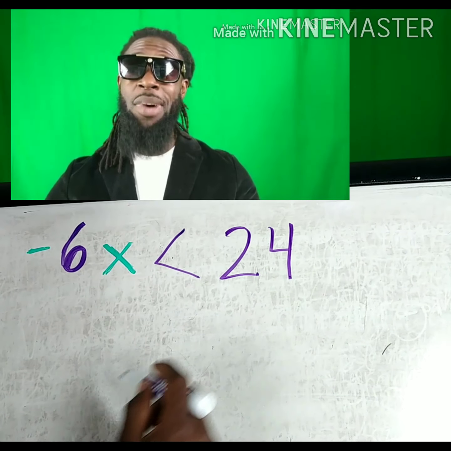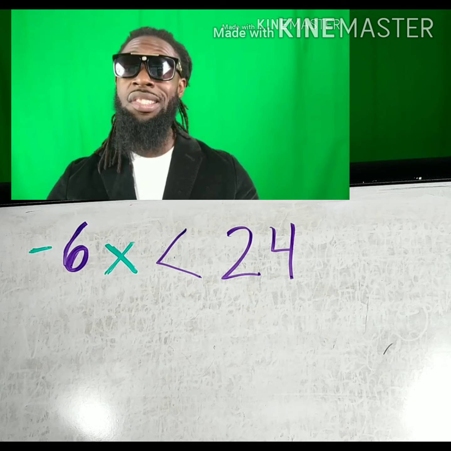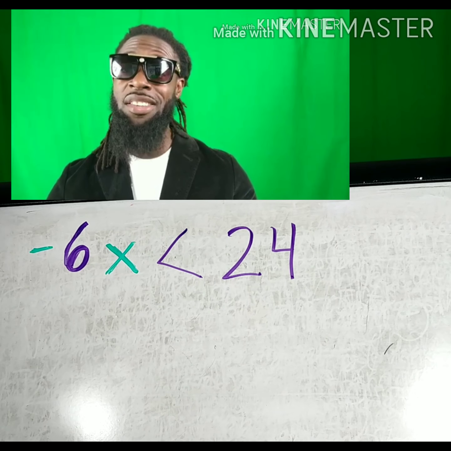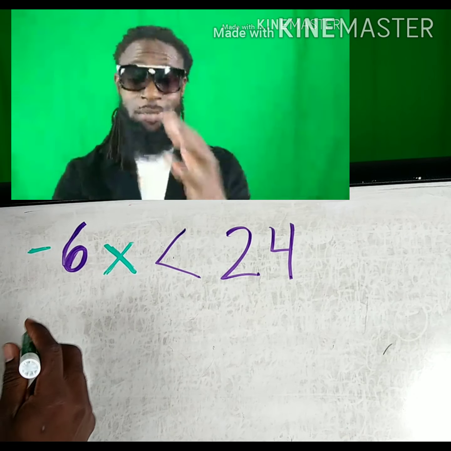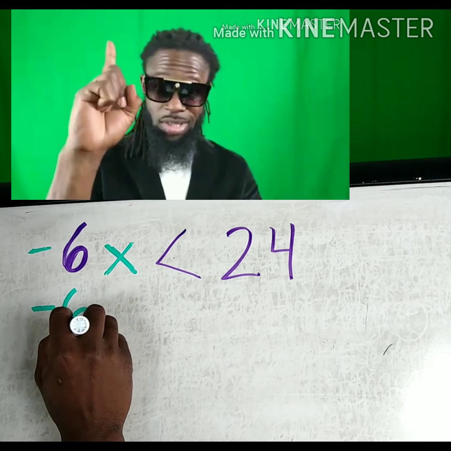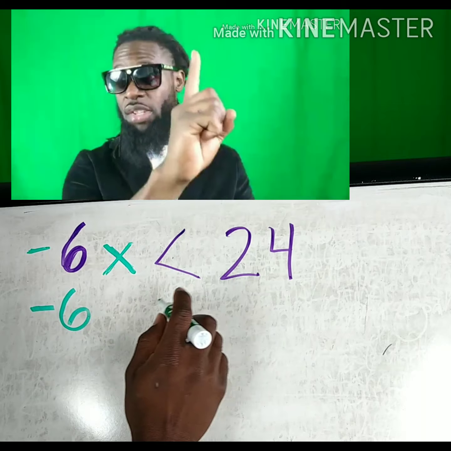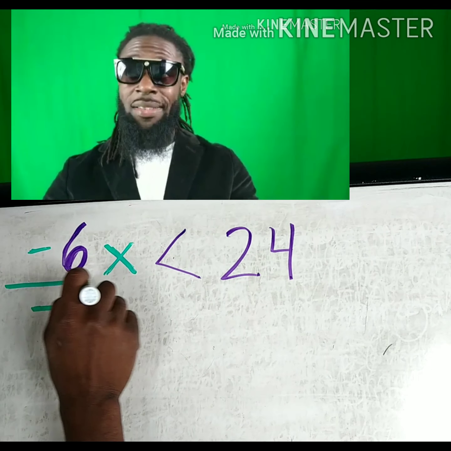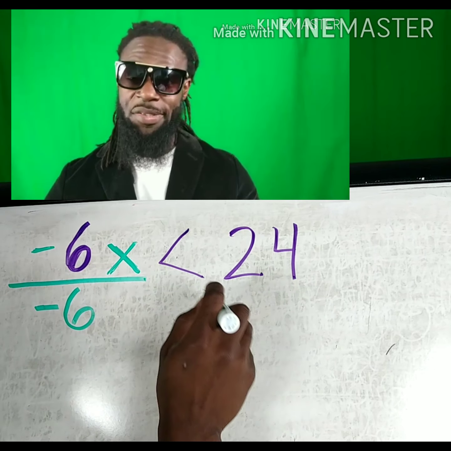Now, to get x by itself on one side, we divide both sides by negative 6.